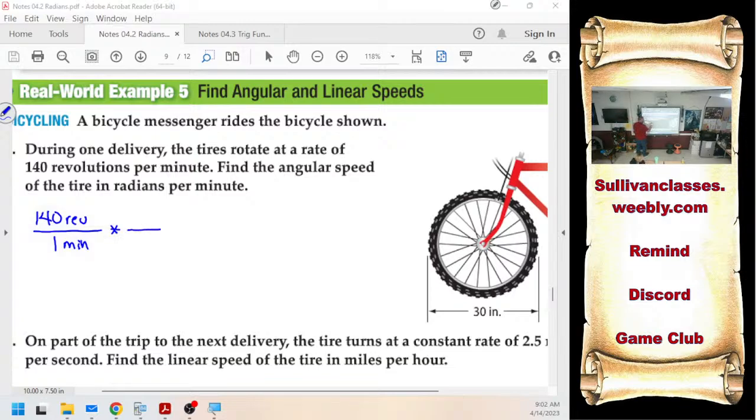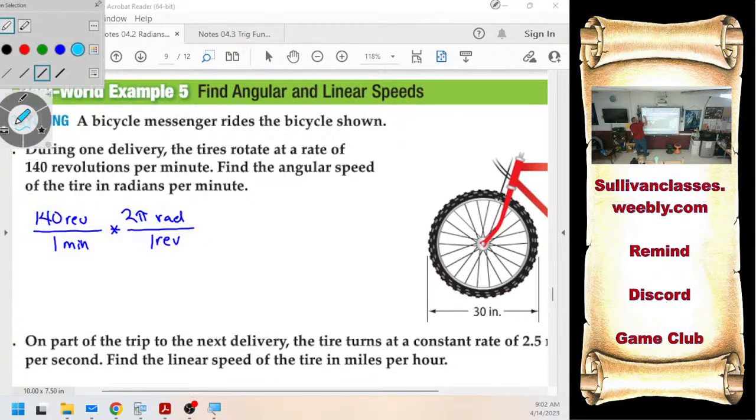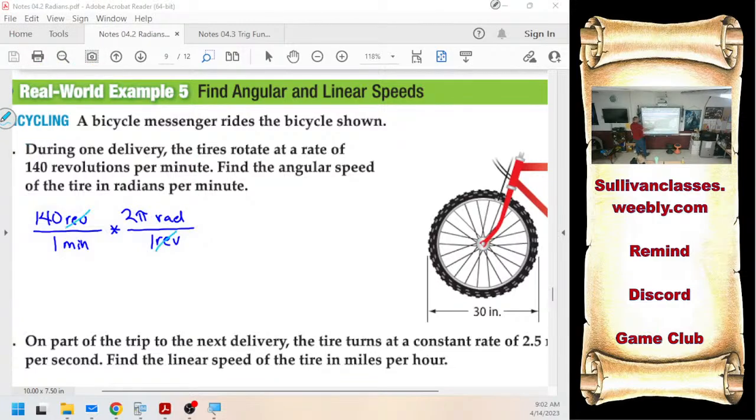So I'll multiply it by, which one goes where? Remember? Is it 2 pi radians over revolutions, or is it revolutions over radians? Right. 1 revolution is 2 pi radians. And I want to do that so that I can cross out revolutions.